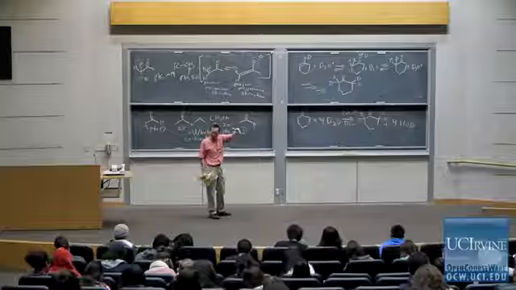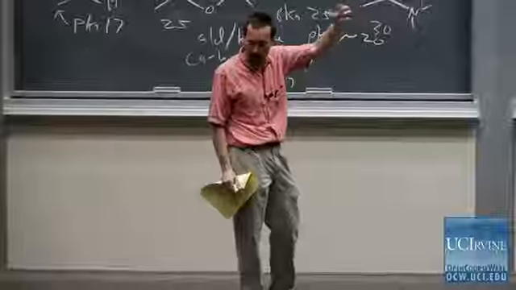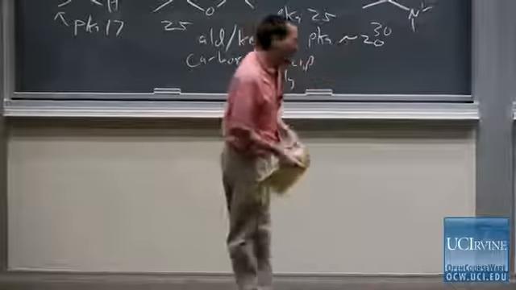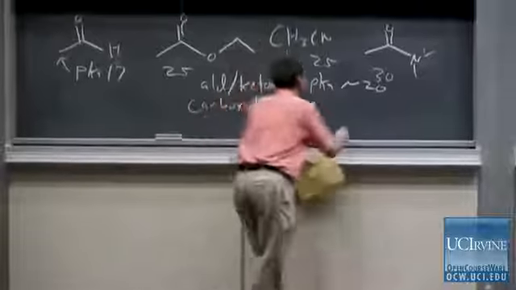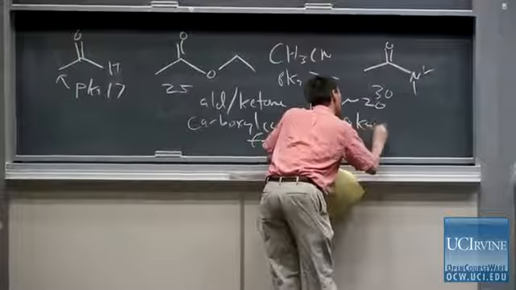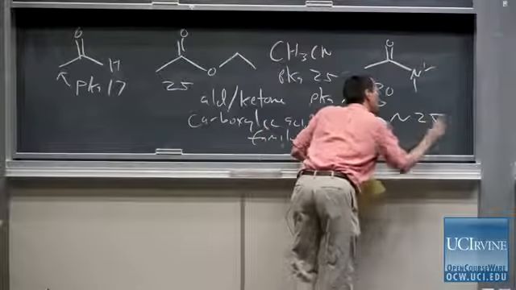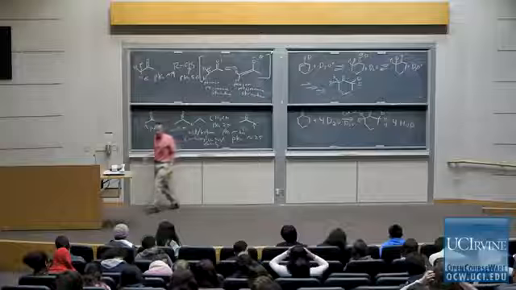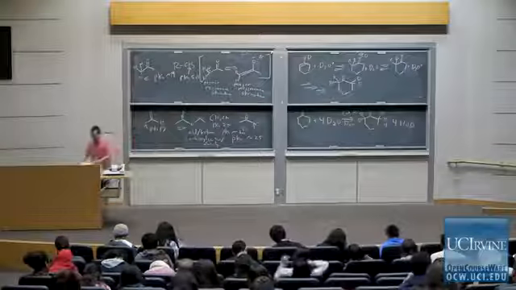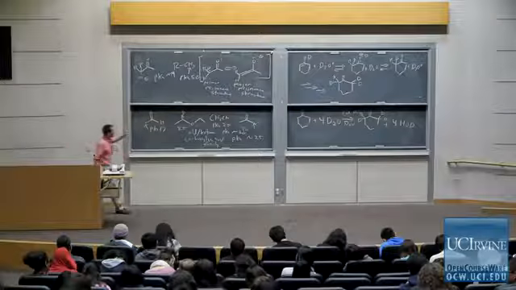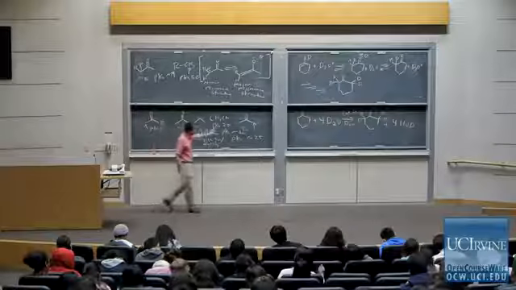You first remove the acidic proton, so it's a carboxylate, and then you remove a second proton. In general, a good number to keep in mind is about 25. Yeah, there's some variations, but it's not as important as keeping these pictures in mind.